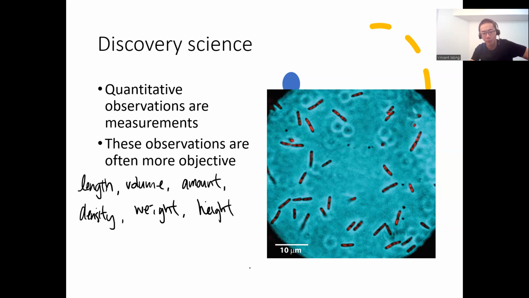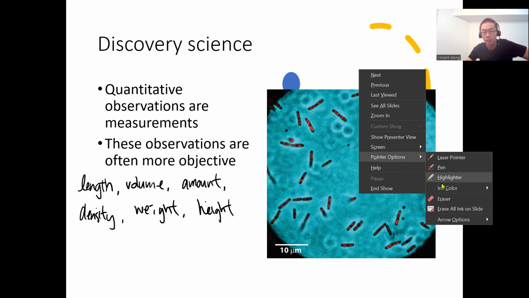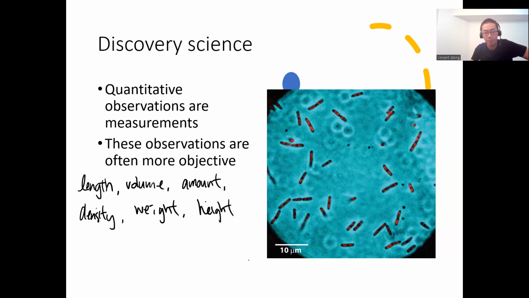So this is a microscope view, and sometimes they have a reference. Like this is a measuring reference, and this is 10 micrometers. This symbol is pronounced mu, and it stands for micrometer.